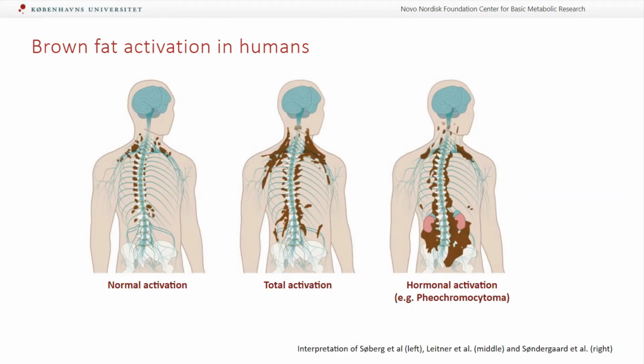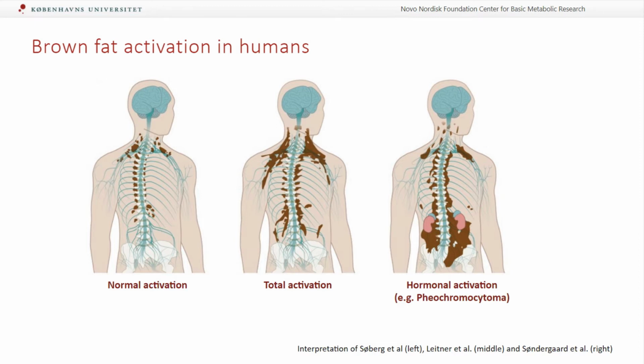So if we compare these conditions in a more cartoon-like way, it's more easy to see the differences. So first we have the normal activation of one individual subjected to cold, and then in the picture in the middle we have the overlay. So this might represent where we actually can get a brown fat activation if we have a full glucose uptake in this fatty tissue. And then the last picture is a little bit different, I would say, because then the brown activation doesn't come from the direct innervation of the adipocytes.